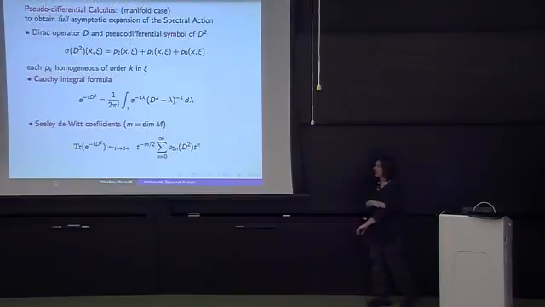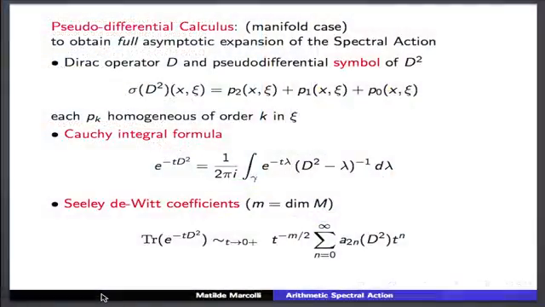So in general, the way one computes these coefficients, in the manifold case, is via pseudo-differential calculus, because you're looking at the heat kernel of the square of the Dirac operator. That's a second order operator. It has a pseudo-differential symbol that has 3 homogeneous components, and you can do the usual formal spectral theory manipulations, like writing your heat kernel in this Cauchy integral formula.